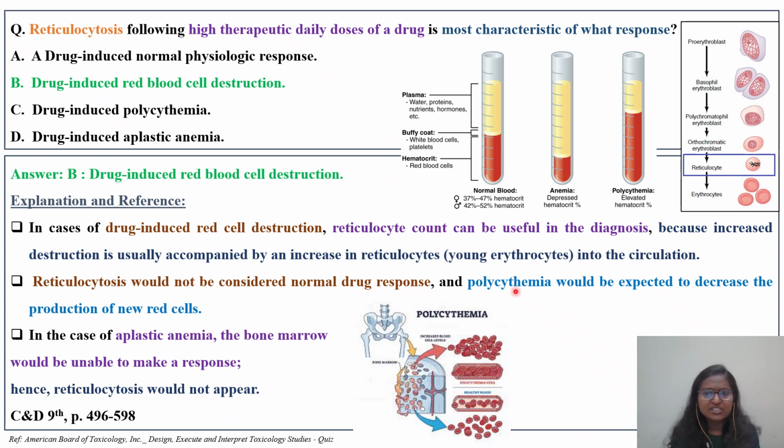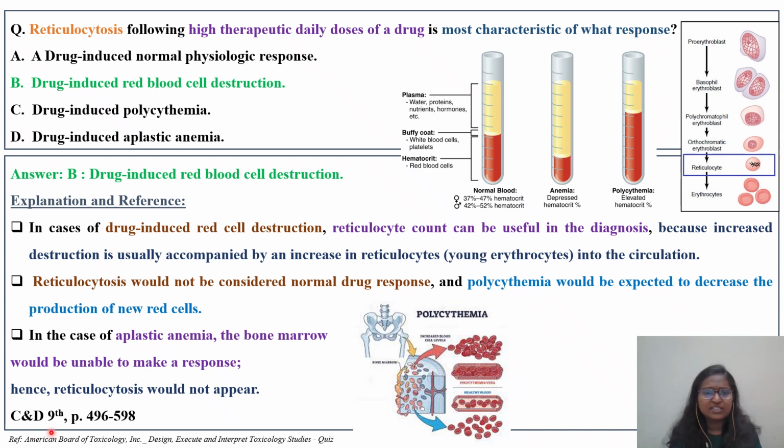Polycythemia would be expected to decrease the production of new red cells. In aplastic anemia, the bone marrow would be unable to make a response, hence reticulocytosis would not appear. In polycythemia also, reticulocytosis will not be there.